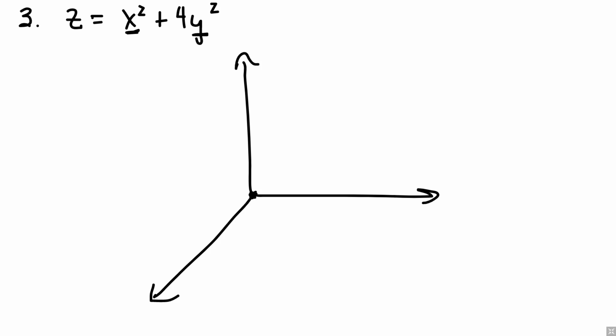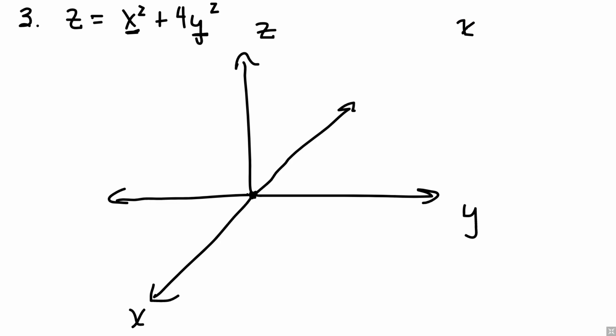So I don't have to worry about anything in the negative axis. Now, here's x, here's y, here's z. If I let x be 0, I'm going to have that z is equal to 4y squared. So basically I'm going to graph a parabola in the zy plane.